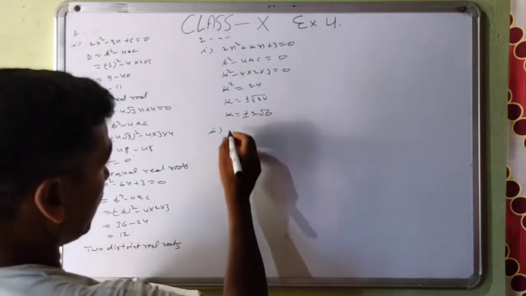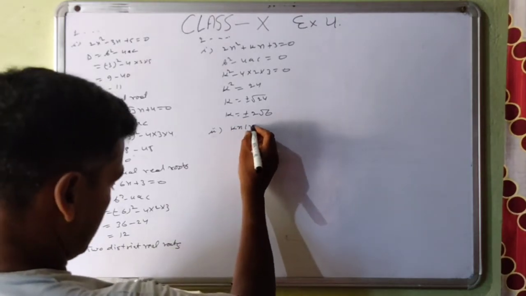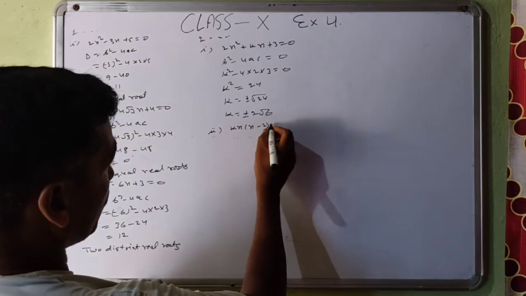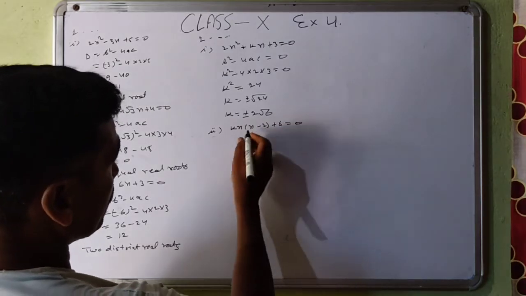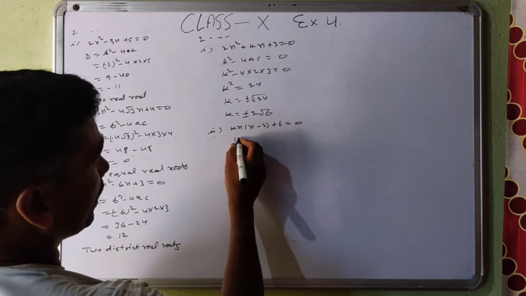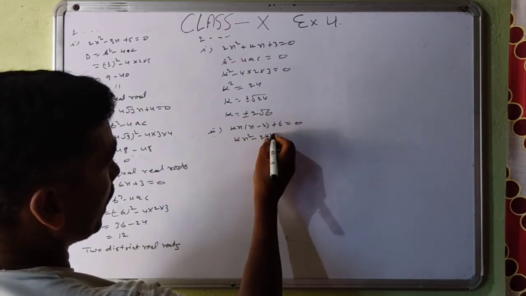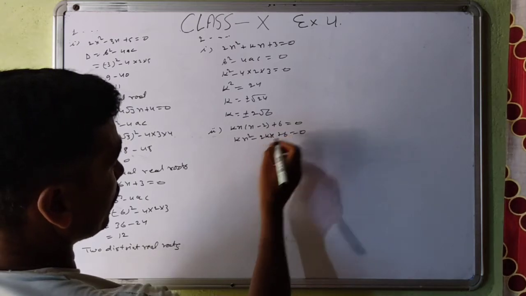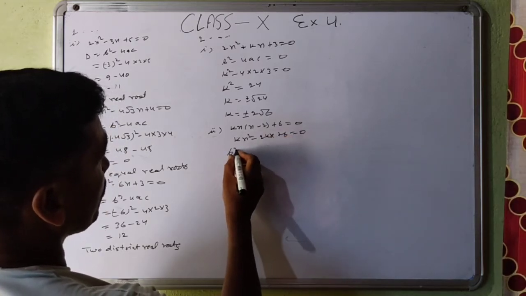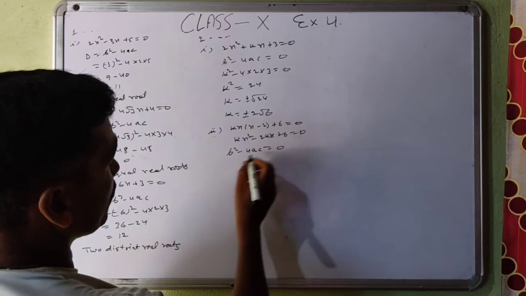Second part is also similar: kx(x minus 2) plus 6 is equal to 0. So first of all we will open the bracket: kx square minus 2kx plus 6 is equal to 0. Here also we will apply b square minus 4ac is equal to 0.